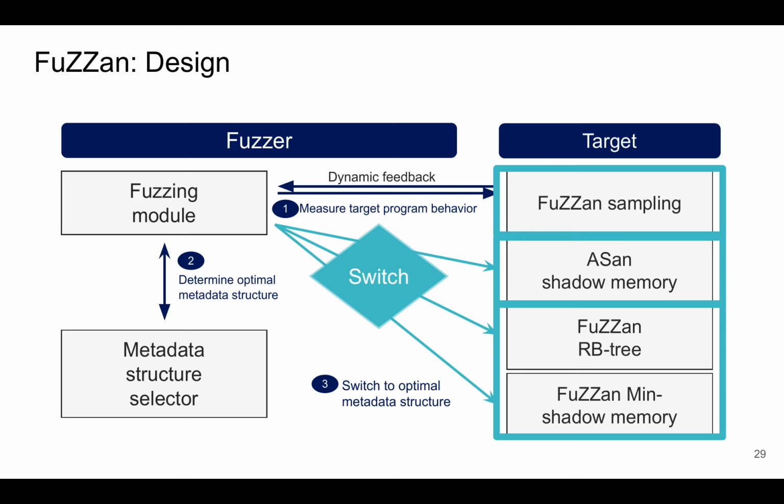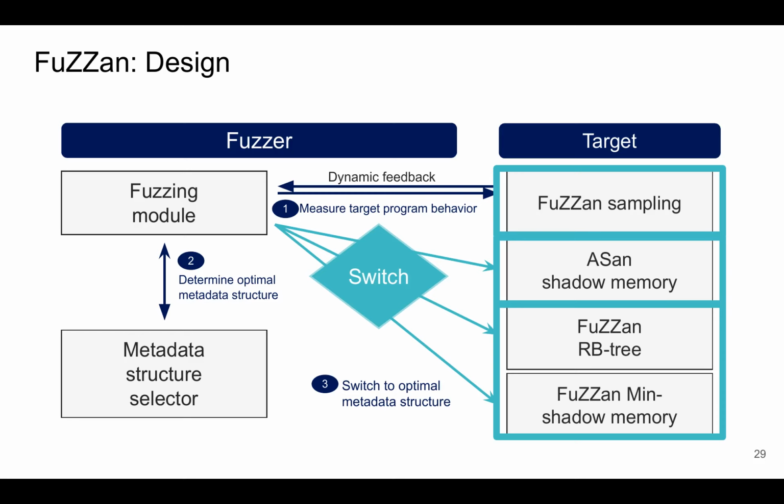The underlying assumption here is that after profiling, the next 10,000 executions will be very, very similar and will trigger similar behavior. If every execution triggers a completely different allocation pattern of objects, then this would not work. So this is an inherent assumption that luckily is true for fuzzing.